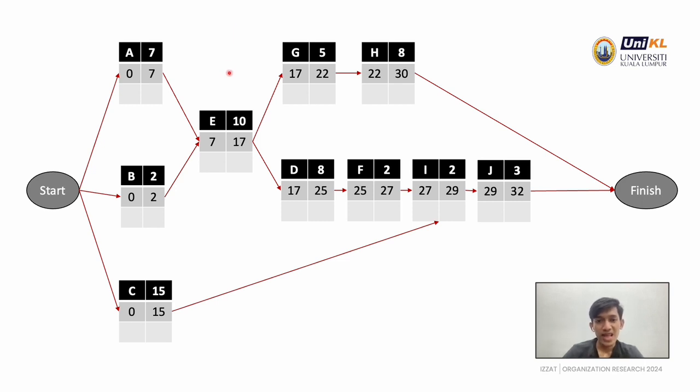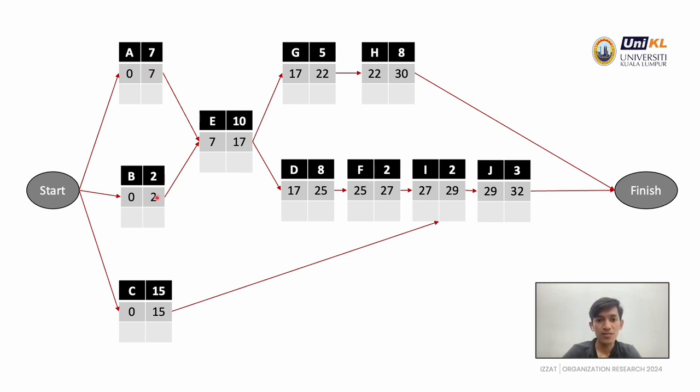For the next activity, as you can see, after activities A and B finish, they go to the same activity, which is activity E. For the dependent table, to find the earliest start, we need to look at the connected activities and take the one with the maximum earliest finish.